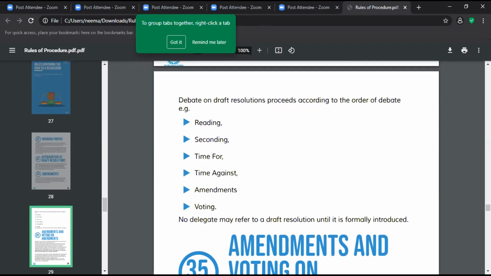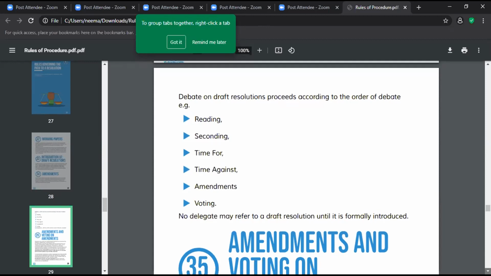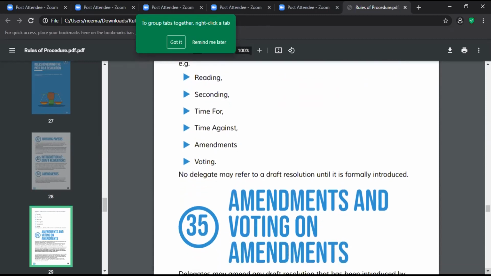Debate on a draft resolution proceeds according to the order of debate: reading, then seconding, then time for, then time against, then amendments, and then voting. No delegate may refer to a draft resolution until it is formally introduced.